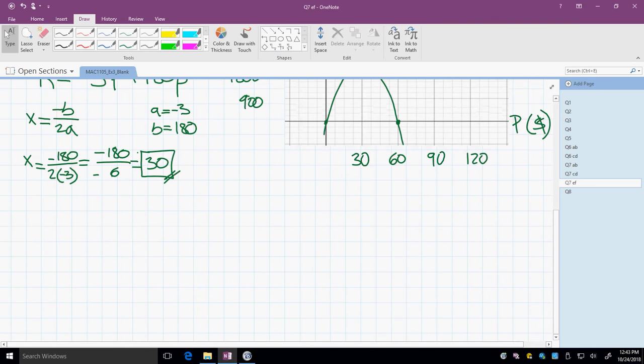Now if I take the 30 and plug it back in the revenue function, we can find our y value. Negative 3 times 30 squared plus 180 times 30.